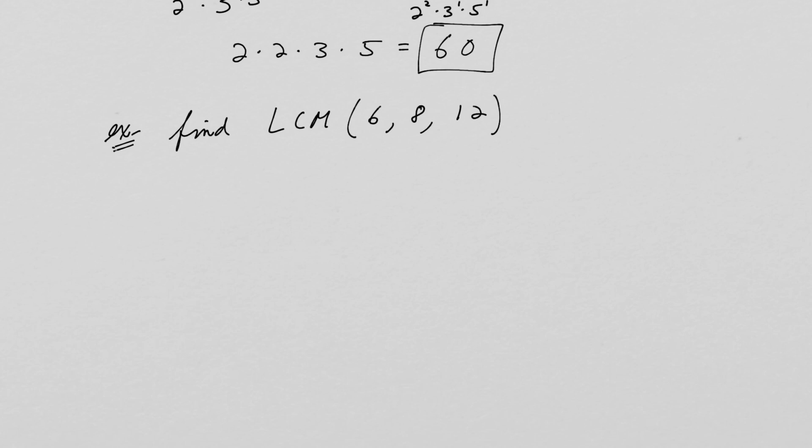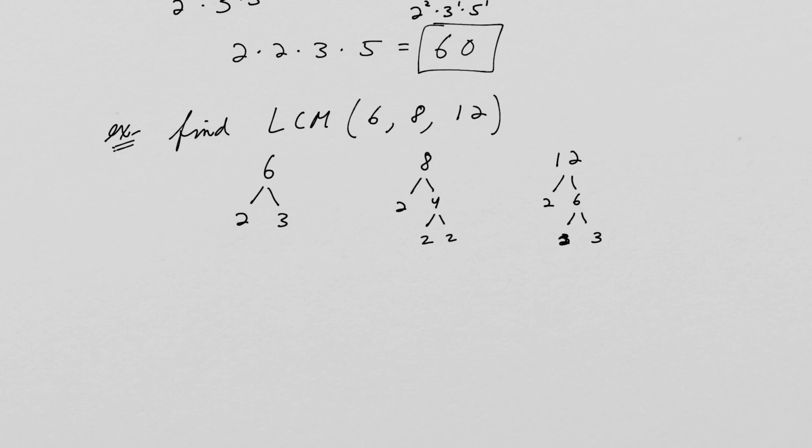Well, let's check it. I'll factor the 6. So prime factorization, I'll do the tree. This is going to be 2 times 3. I'll factor the 8, so that'll be 2 times 4, but then I can branch off the 4, and this is 2 times 2, and then I'll factor the 12. So this is 2 times 6, and then 2 times 3.